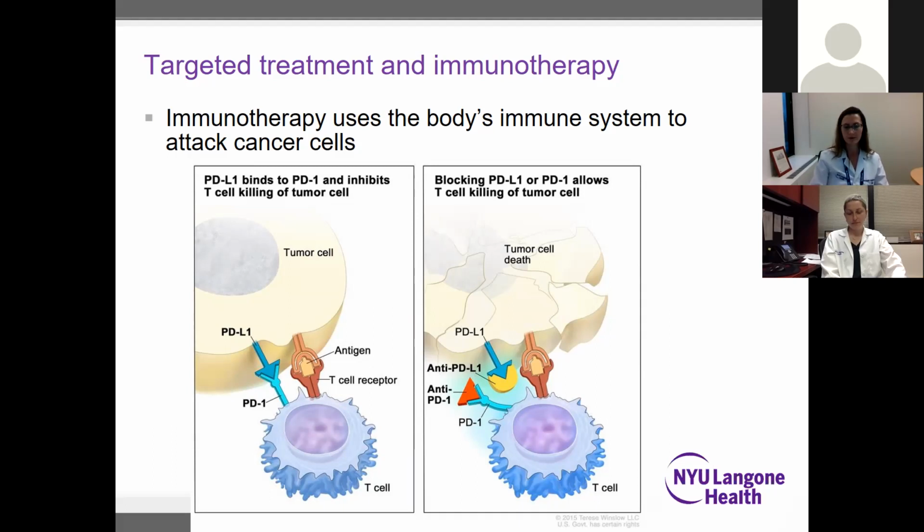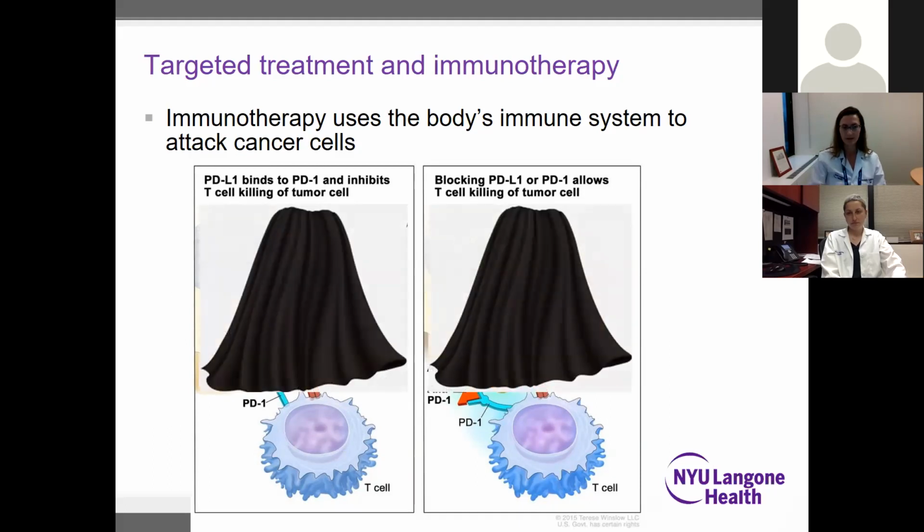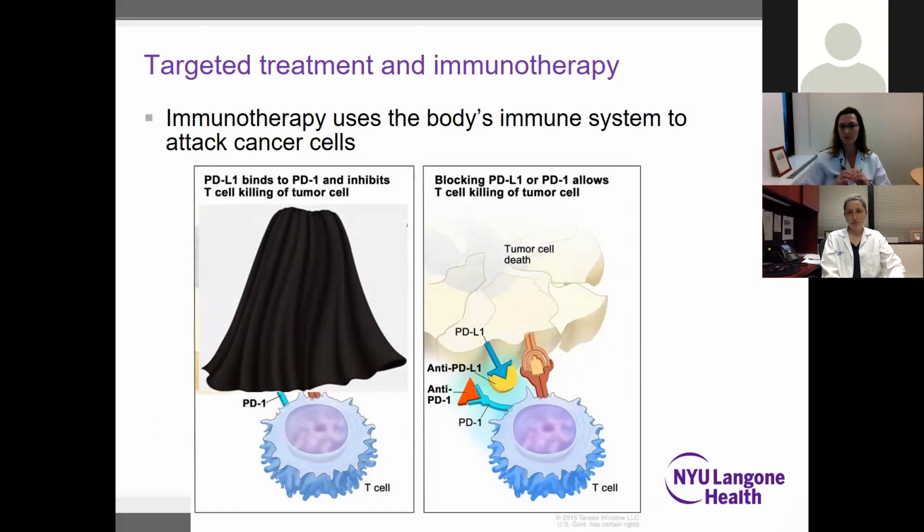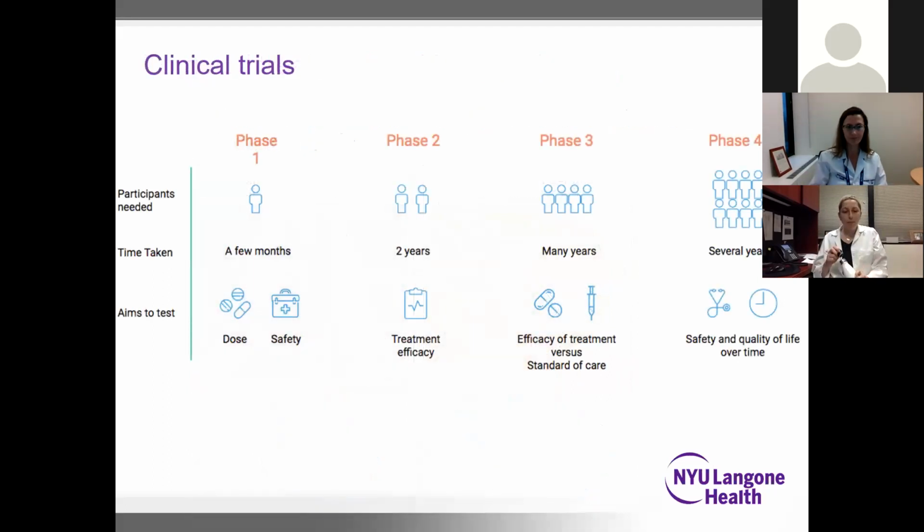And so the immunotherapies that we give can disrupt that interaction so that the immune system can then say, gosh, now I see this cancer, it's not normal, I will go after it. I think of it as the immunotherapy removes the cape that the cancer cells were hiding under so that it can then attack the cancer cells.